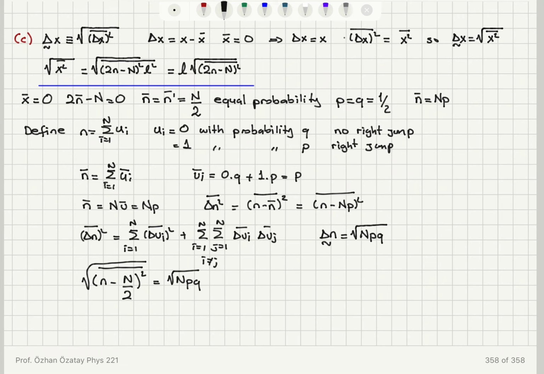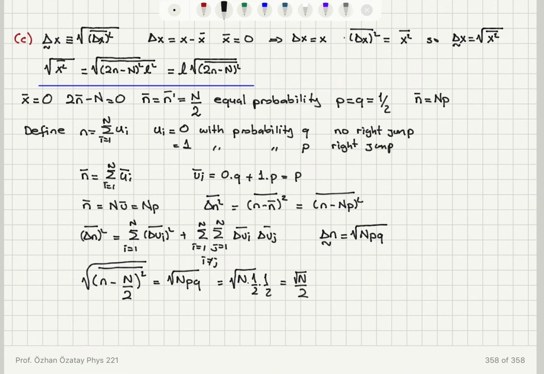So what I need here is the 2n minus capital N square bar square root. So that's basically what I'm after here. So you can see that this is basically square root N times 1/2 times 1/2. So this is square root N over 2.